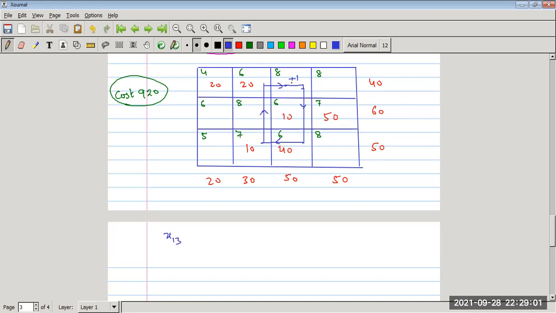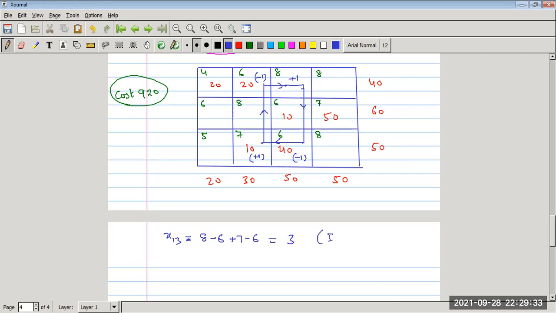Now, what is the change? If we allocate one item in this point, what is the change in per unit cost? So, अगर one यहाँ add किया तो we have to subtract one here. We have to add one here. We have to subtract one here. Now, X13 पे अगर हम allocate करते हैं, what is the change? Change is 8 into 1 plus 1, 8, minus 6 into 1, minus 6, plus 7, minus 6. So we get 8 plus 7, 15, minus 6 minus 6, minus 12, so 3.